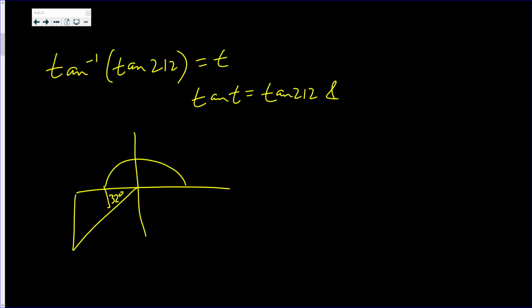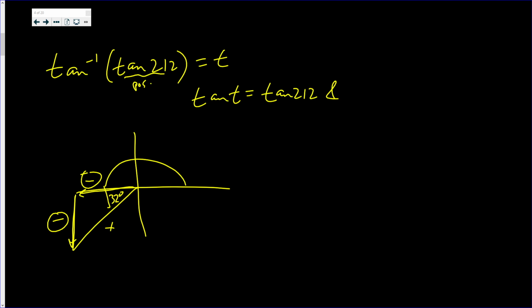And since the tangent here is negative, opposite over adjacent, that's also negative. It's going down, it's negative, going to the left. So the tangent of this angle is positive.